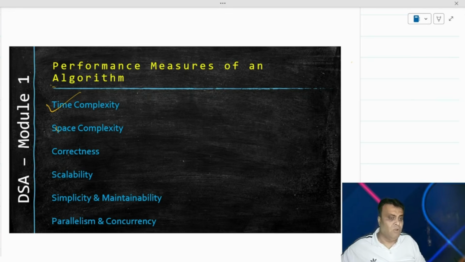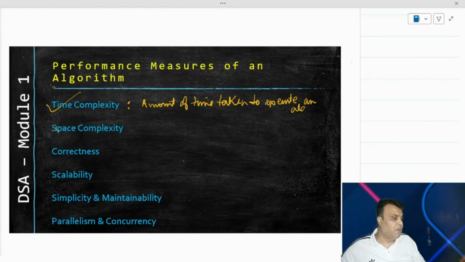But for now, just remember that time complexity is basically the amount of time taken to execute an algorithm, and how we describe that amount of time, we will come to that. If my algorithm takes more time than yours, but both algorithms produce the same output, then my algorithm is definitely not better.